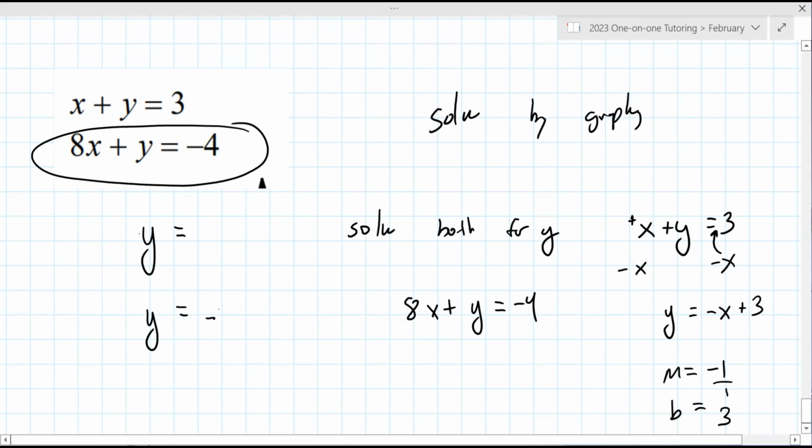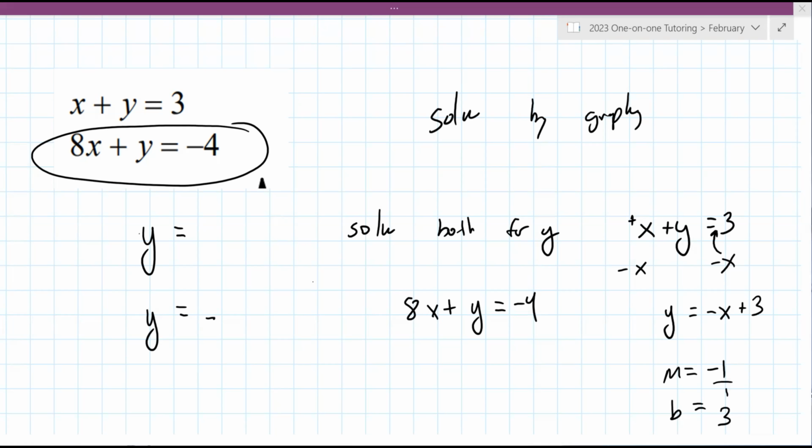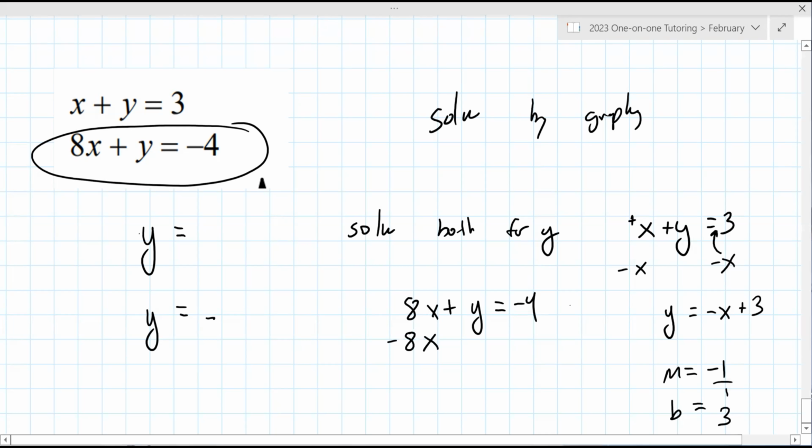So for the second one here, what did you subtract from both sides? I subtracted 8x. Yes. Now that is not like a -4. Do you agree with that? Yeah, because that's really important. So then you keep the y in front, so y equals minus 8x minus 4. Good. Very good.